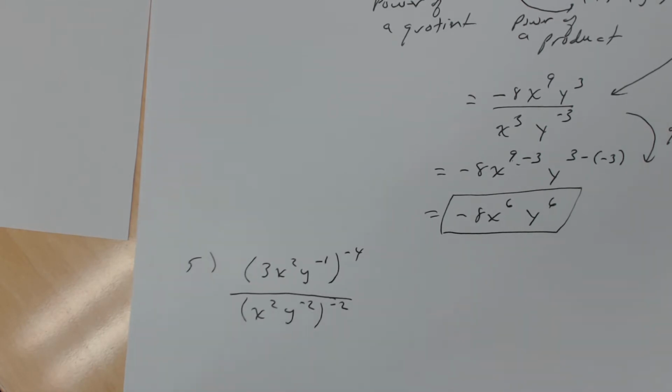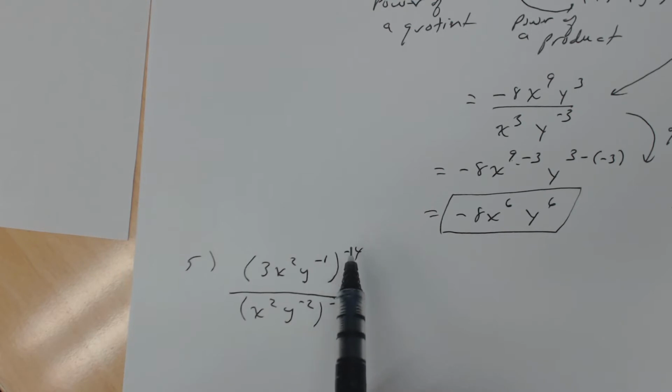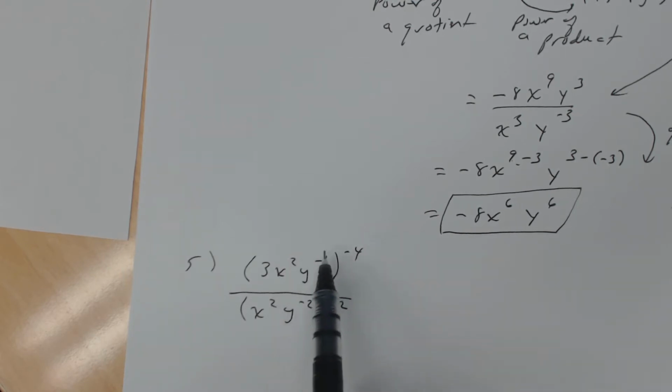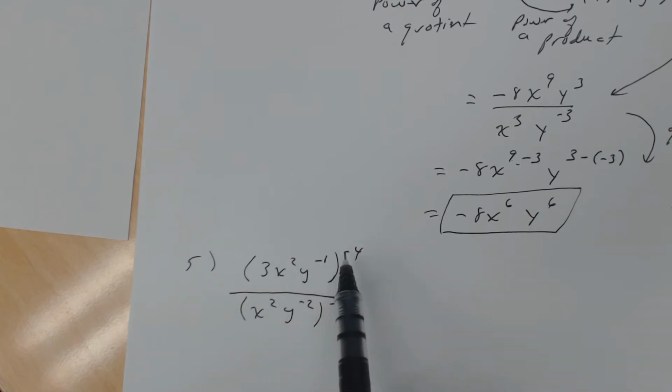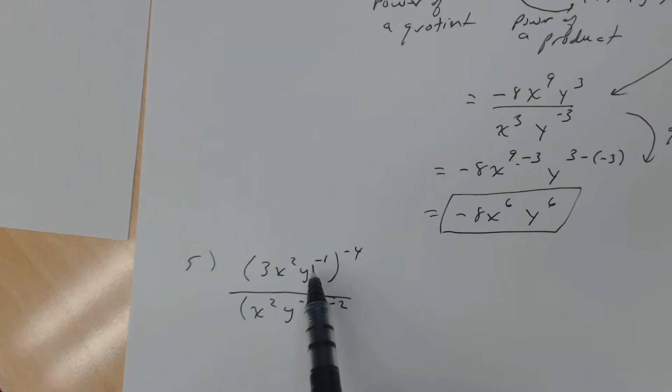Okay, so again, if you look at this, I have something in the parentheses, and all that's being raised to the negative 4th power. So I'm going to use the power of a product. Same thing here.